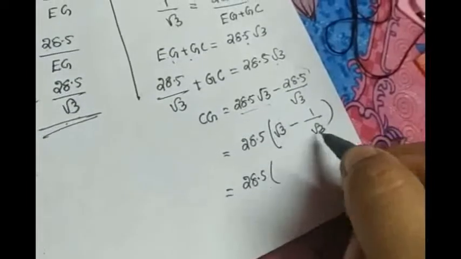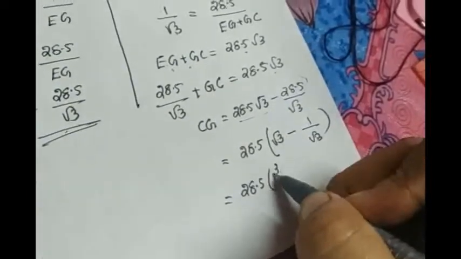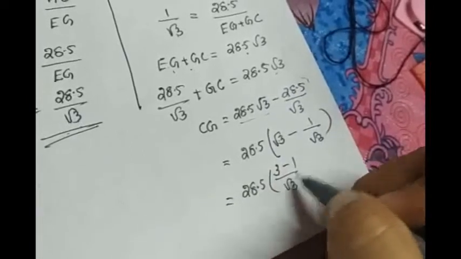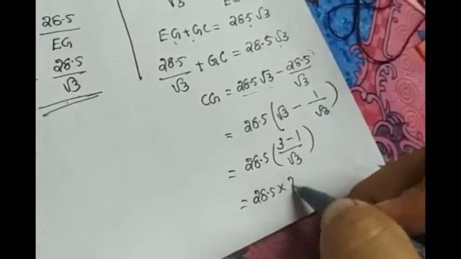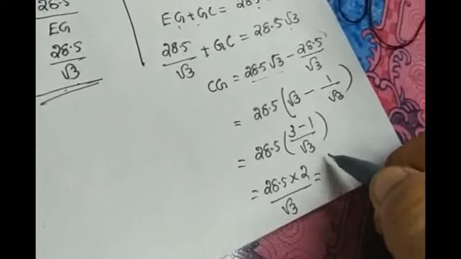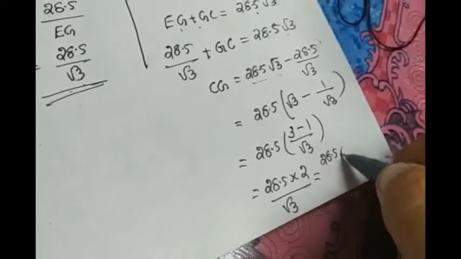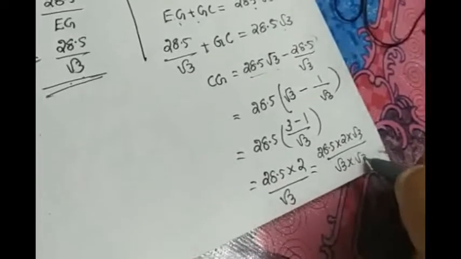If I take the LCM of the denominator, root 3 into root 3 gives you 3, minus 1 by root 3. So we are getting 28.5 into 3 minus 1, which is 2, 2 by root 3. Again we can rationalize by multiplying with root 3. So we are getting 28.5 into 2 into root 3 divided by root 3 into root 3.